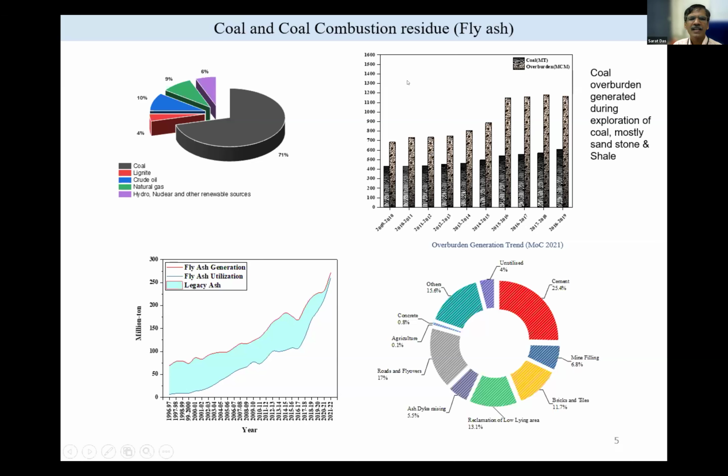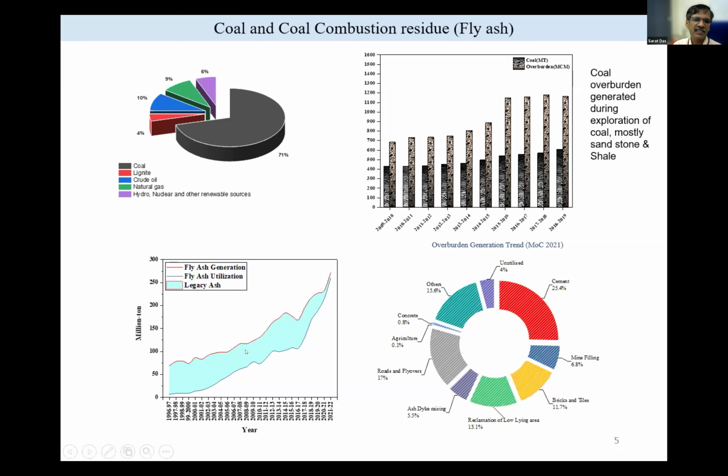Now when coal is burned, it generates the coal combustion residue called fly ash. Way back in 1991, when I started investigating fly ash, the utilization was only 5%. But over the years, you will see the utilization percentage increased, and so did the generation.